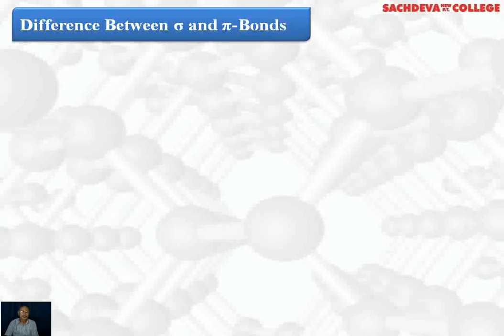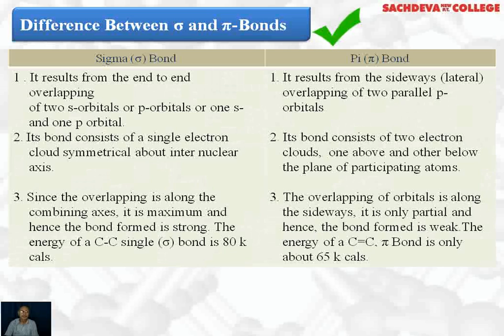Now we are going to take up the difference between sigma bond and pi bond. Sigma bond is formed by end-to-end or head-on overlapping of 2 s orbitals or 2 p orbitals or 1 s and 1 p orbital along the internuclear axis.